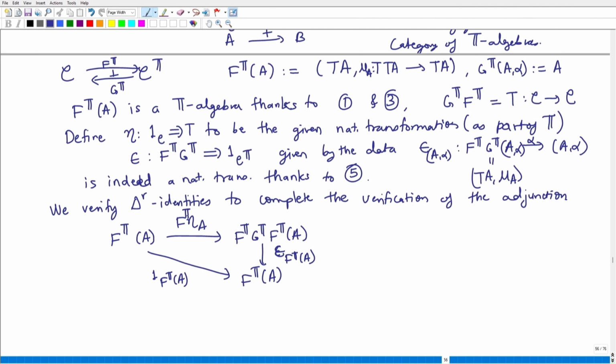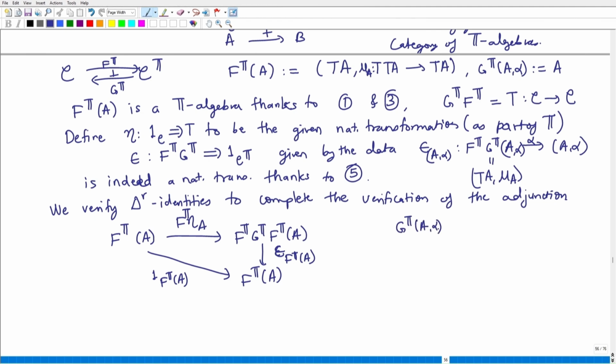I mean, this is F^T η_A. You have got all the diagrams on your screen. Maybe I will write down the second one while you are thinking.